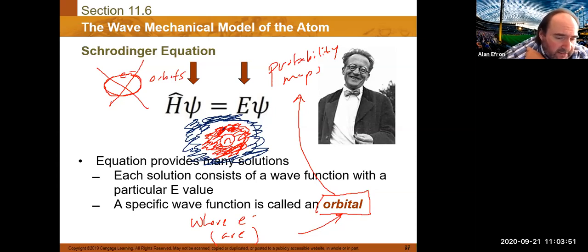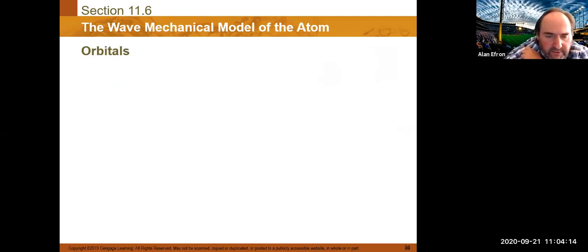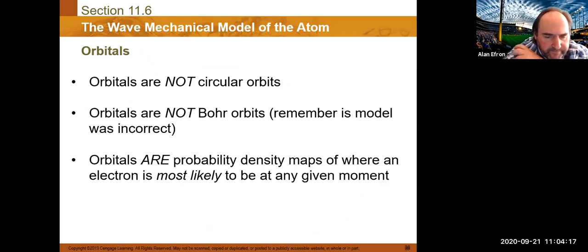And that's very different than the orbit model, where we have these distinct orbits where the electron is traveling around these nice circular patterns, and we know for sure that eventually the electron's going to come back around. I know for sure it is here because it's traveling these nice circles. So again, we move away from this model to this more probability model, which is based off of Schrodinger's equations, and away from these circular orbits.